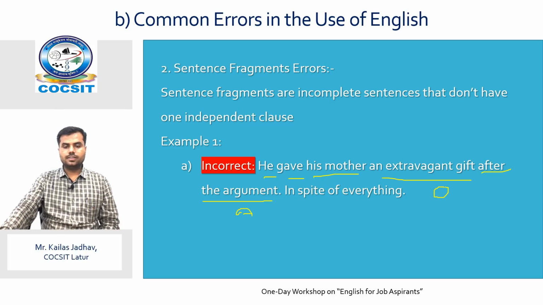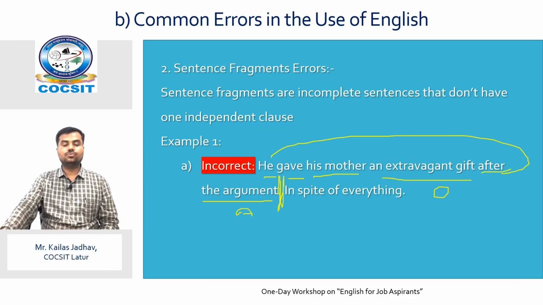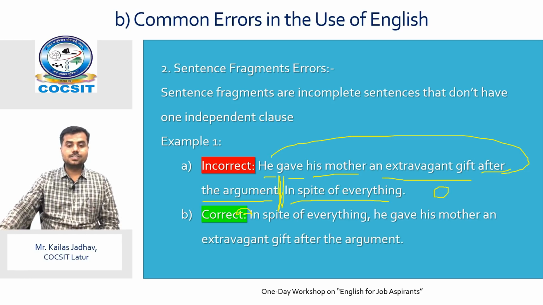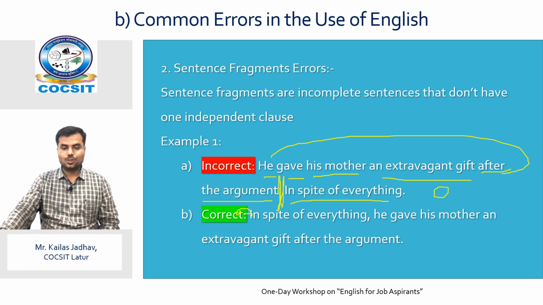Now what is wrong in this sentence? Up to this point it's okay. In spite of everything is now given separately, divided with the help of a comma. That is part of this sentence, not something apart from the subject. So that is the sentence fragment error.